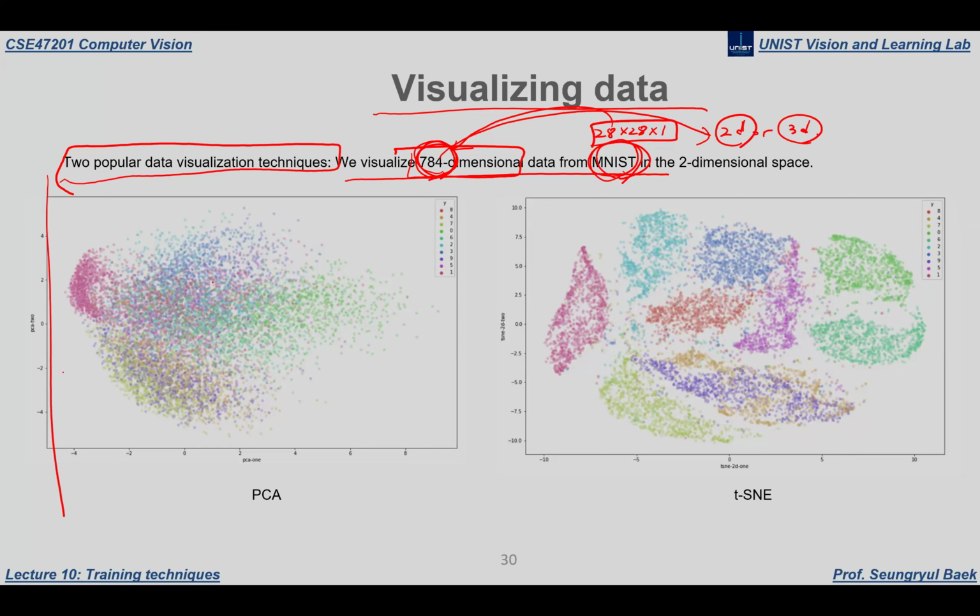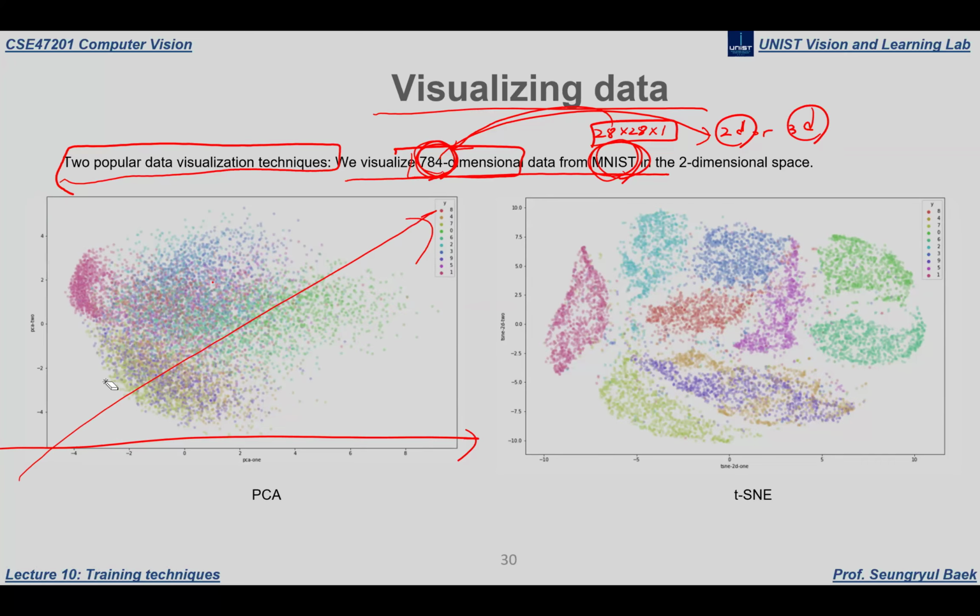Having this type of two-dimensional graph, or with one more axis, we can reduce to three-dimensional space and visualize the data in that reduced space. That is the technique I want to introduce here.